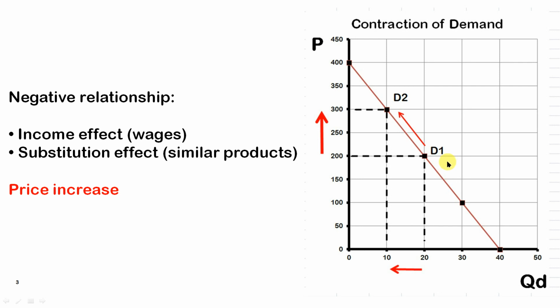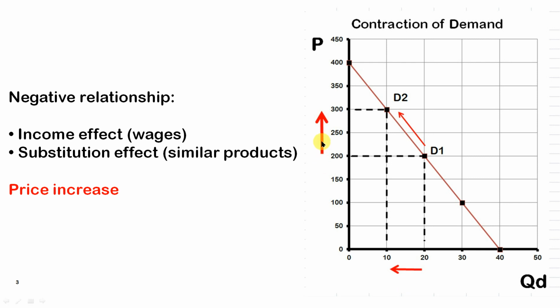This movement from point D1 to point D2 on the demand curve is known as a contraction of demand. With a price increase, the quantity demanded for the product is lessened, is decreased.